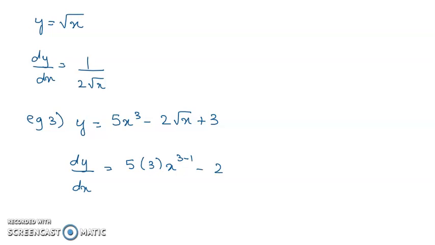We know that the derivative of square root of x is 1 upon 2 square root of x. The derivative of 3 will be 0. 5 3s are 15 x squared. Here we will be cancelling 2. We are left with 1 upon square root of x.